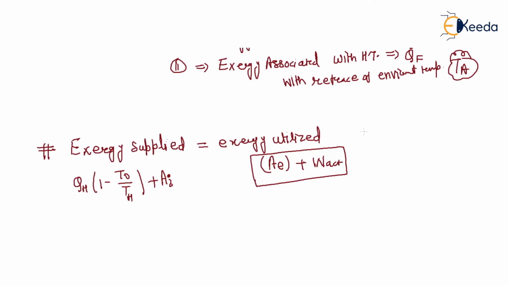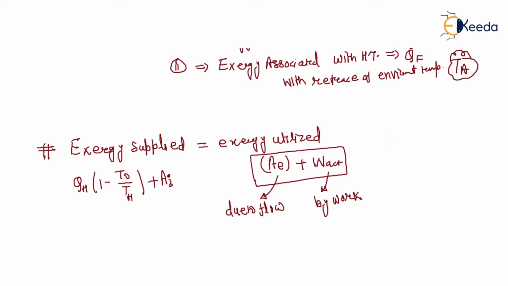Plus exergy lost. This is your exergy lost, and this is your exergy utilized. That means this is your exergy utilized due to flow, and this is your exergy utilized due to work.